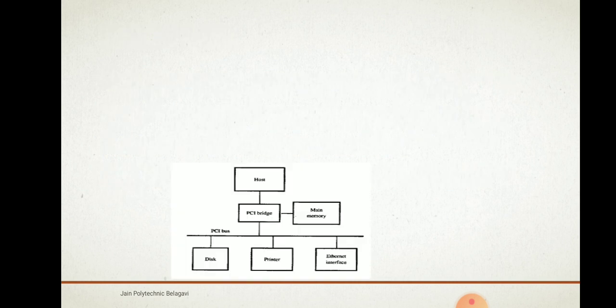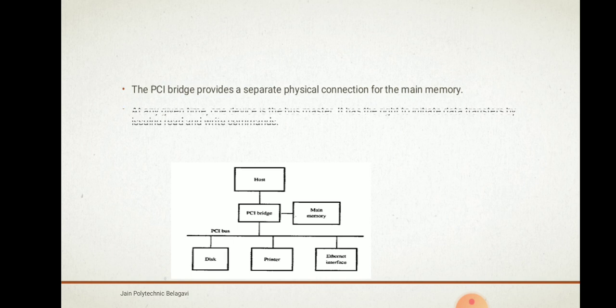Here is a diagram that shows the interconnection of the devices with the PCI bus and main memory. The PCI bridge provides a separate physical connection to the main memory. At any one time, one device acts as the bus master.